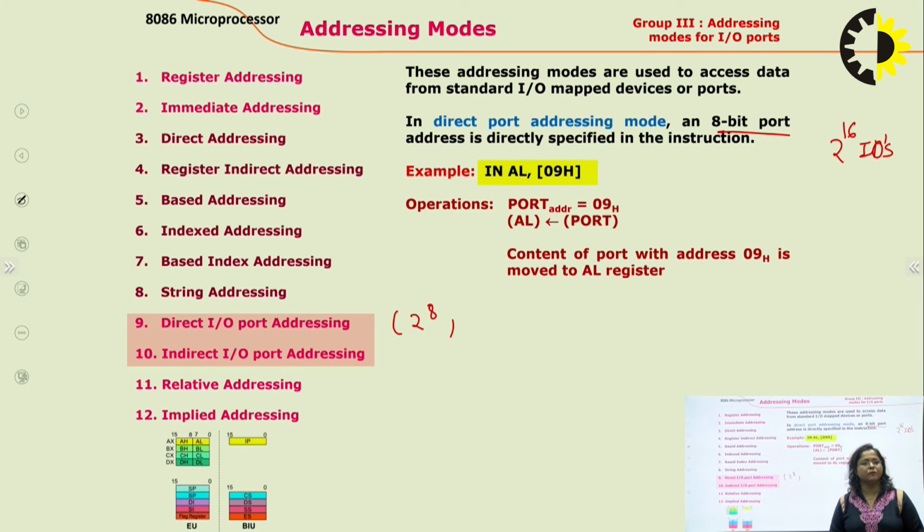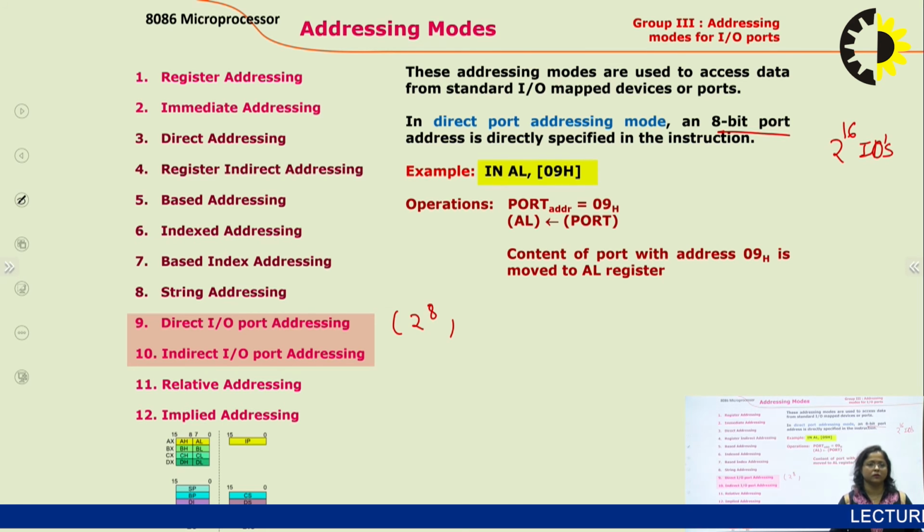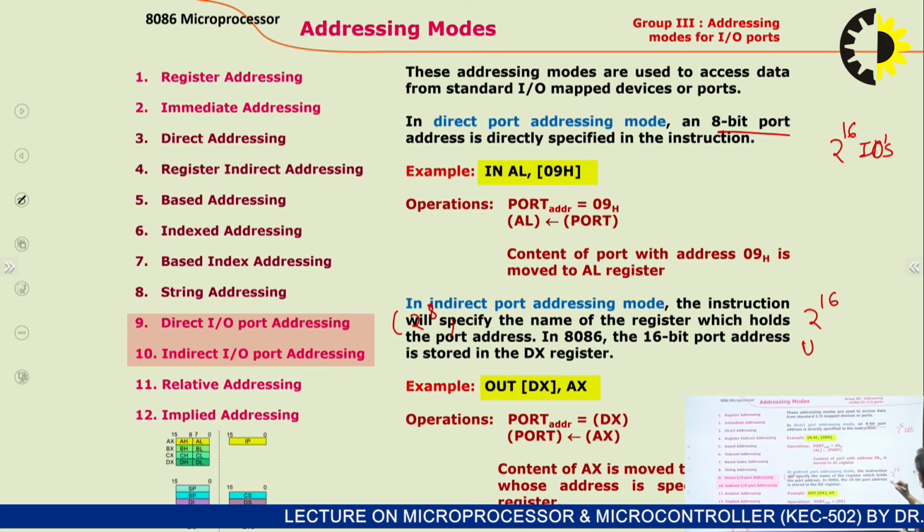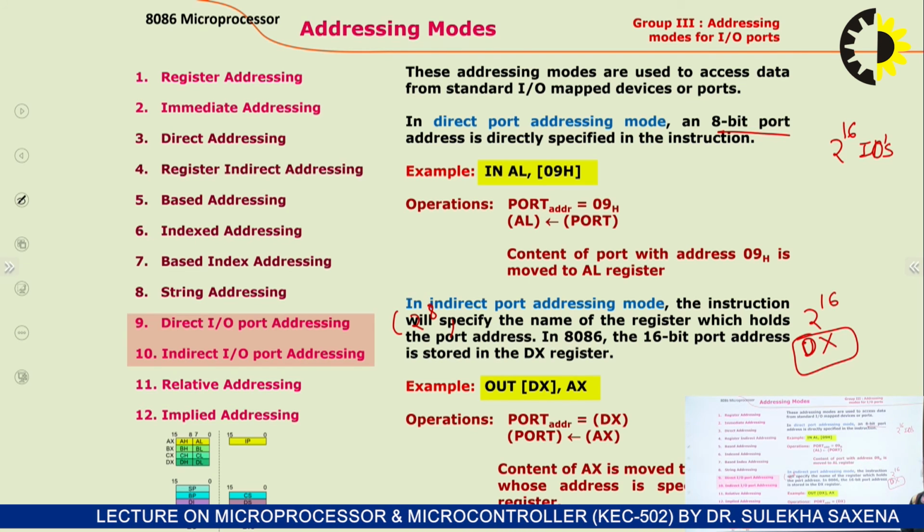For example, IN AL, 09. So 09 will be the port address. The value specified in this address is copied to accumulator. Since the address is directly specified in instruction, it is called as direct IO port addressing mode. In case of indirect addressing mode, we can access 2 to the power 16 IOs using 16-bit address, using a 16-bit register called as DX.